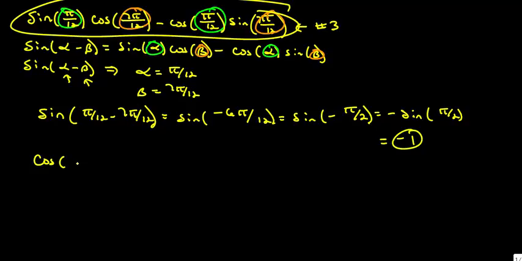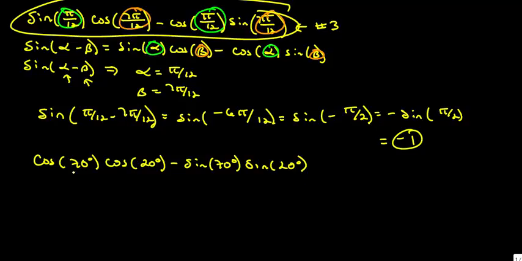So for there, we've got the cosine of 70 degrees times the cosine of 20 degrees minus the sine of 70 sine 20. So I've got two cosines on the left side of that negative, and then two sines on the right. So this is going to be a cosine formula.